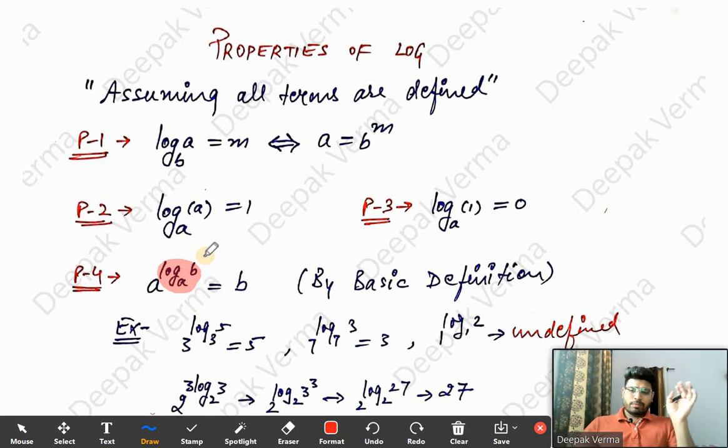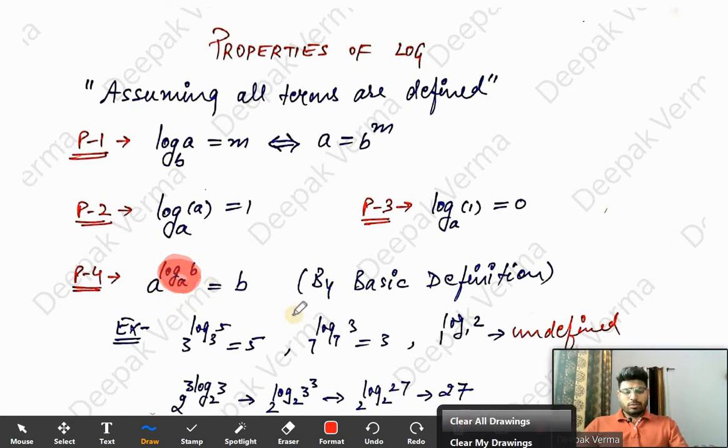In the first lecture of logarithm, I told you the definition: a logarithm is a number which when raised to its base gives the argument. So it's a definition again. Here the base is a, and when it is raised to its base a, we get the argument, that is b. I hope it is clear.